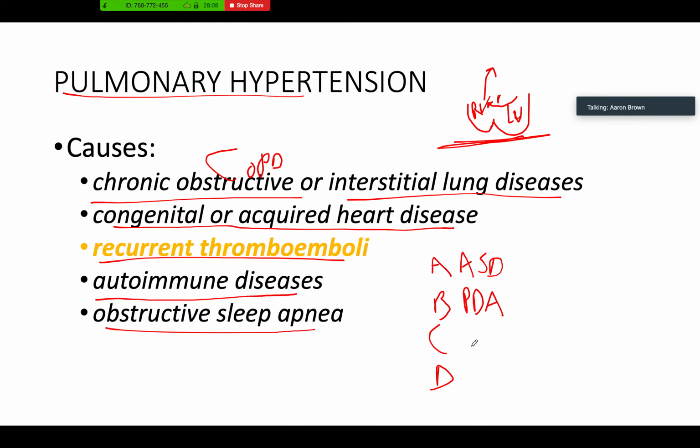I'm going to say a VSD. And I'm going to say something else that's wrong. Okay, wrong answer. I can't think of anything else right now. Okay, so of all of these, which one is the most common congenital heart defect?